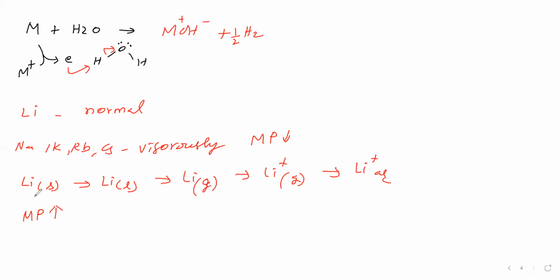In the sense, it is not getting sufficient energy for melting. It is getting insufficient energy, so it is not melting easily. Therefore, the rate of reaction of lithium with water is low. Whereas other alkali metals get sufficient energy, therefore they melt easily, and therefore they react vigorously with water.